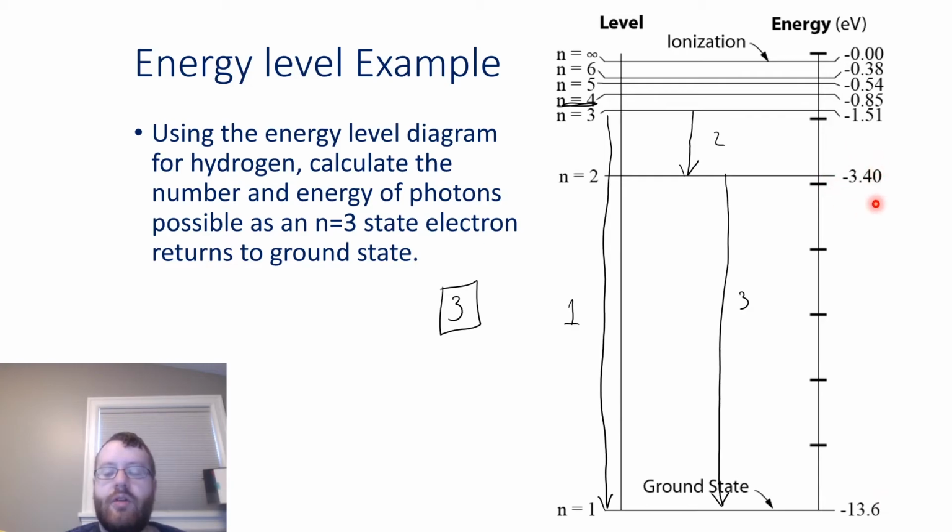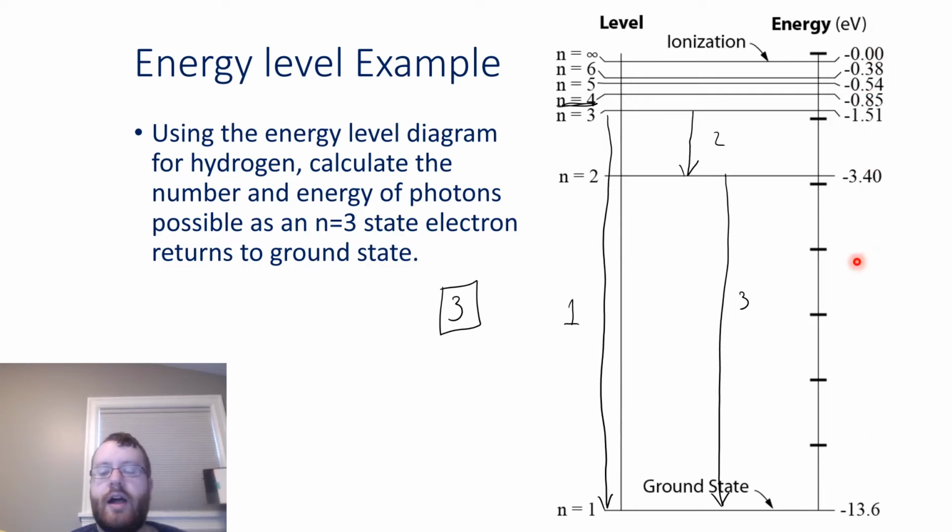If it was already resting in the n equals 2 state, it would take 3.4 electron volts worth of energy to knock off the electron. And that's what this n equals infinity stands for. That stands for ionization. Once there is 0 energy, that's enough to make it no longer part of the atom.